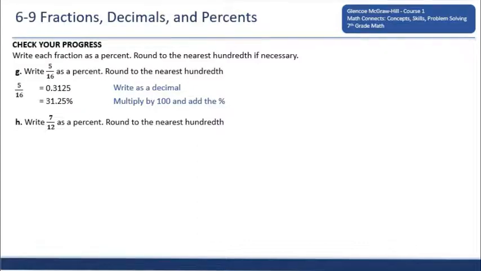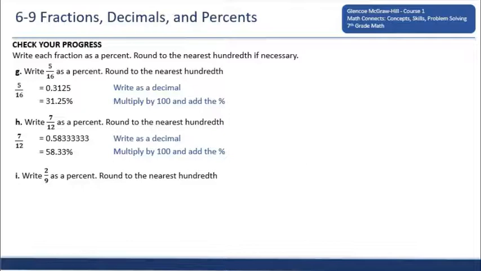H, write 7/12 as a percent, round to the nearest hundredth. 7/12, write it as a decimal, you just divide 7 by 12, and that's the decimal you get. So we're going to multiply it by 100 and add the percent, but we're also going to round to the hundredth place.